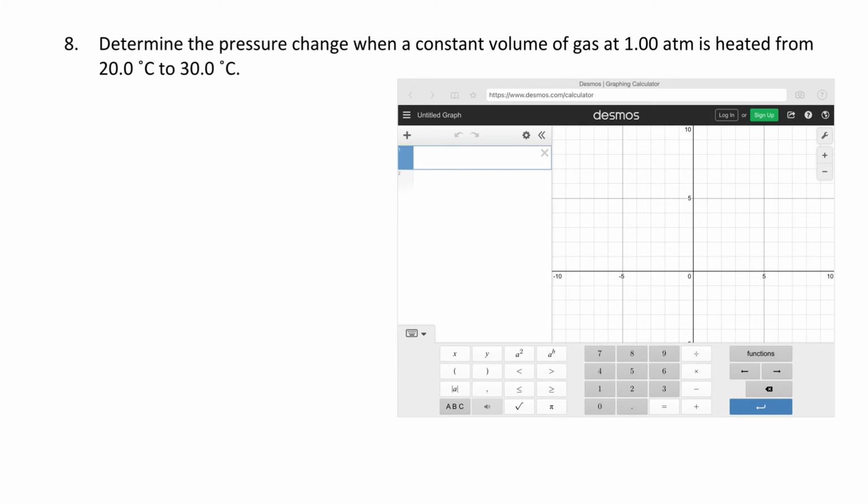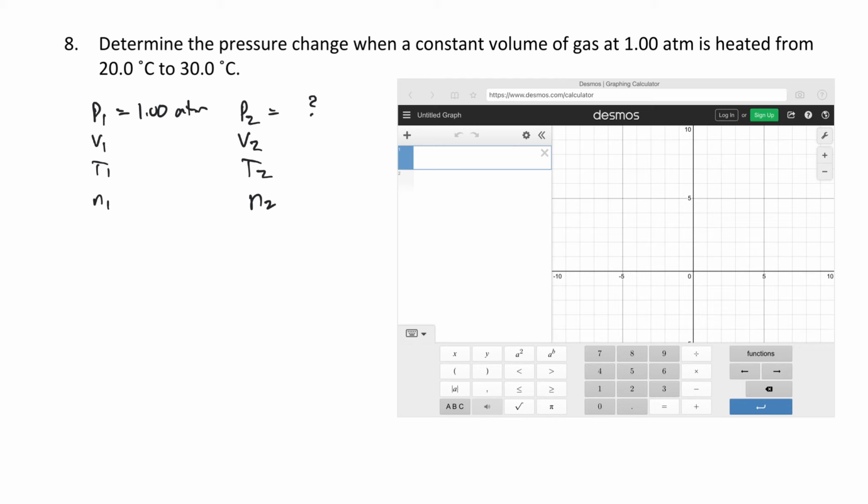All right, last question. Determine the pressure change when a constant volume gas at 1 atmosphere is heated from 20 to 30. Okay, let's do our stuff. P1, V1, T1, N1. Determine the pressure change when you're starting at 1 atmosphere and they want to know what the new pressure is.